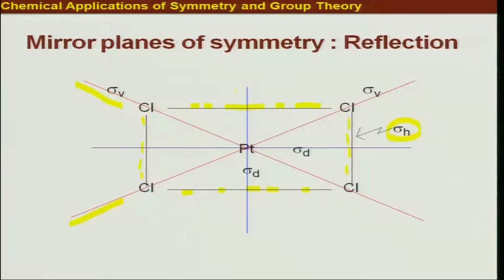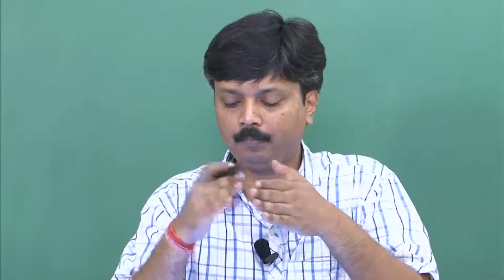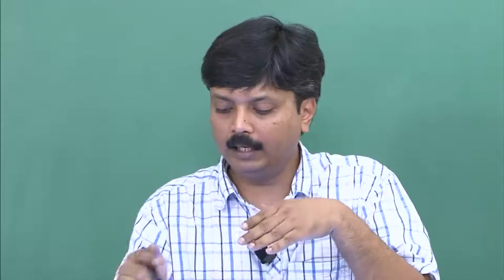Now you can have two other types of planes, shown here using the blue colors. These two contain the principal axis of symmetry, that is C4, and also bisect the dihedral angle. These dihedral angles are formed essentially by two adjacent sigma v's, and the blue plane bisects that.